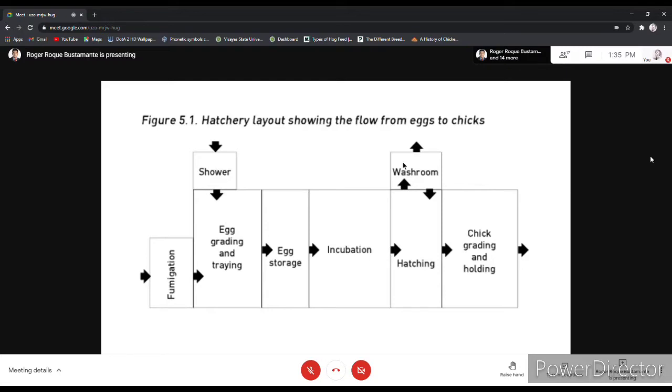For example, if you do your OJT in a hatchery farm, you will experience all these steps. You have to be familiar with this because it is a must.